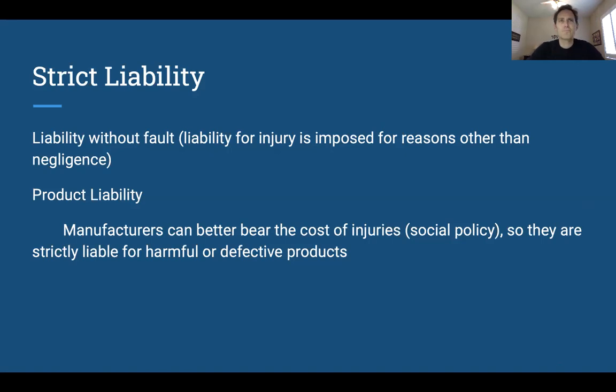Car Seat Co. That's it. I just made up a name. All right. Maybe we, even though Car Seat Co. wasn't negligent, maybe we just make them be the ones that have to bear the cost of injuries in these different situations.